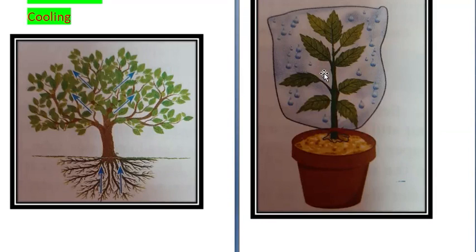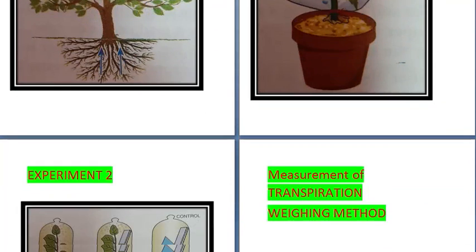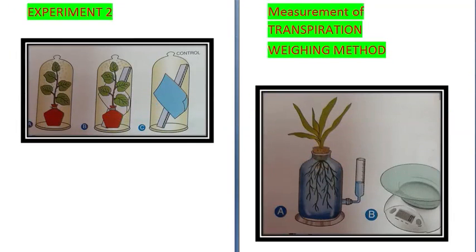The control experiment can be a pot without a plant, and just a polythene. In that there will be no droplets of water. So that shows that only the plants lose water from the aerial parts, and that process is called transpiration.